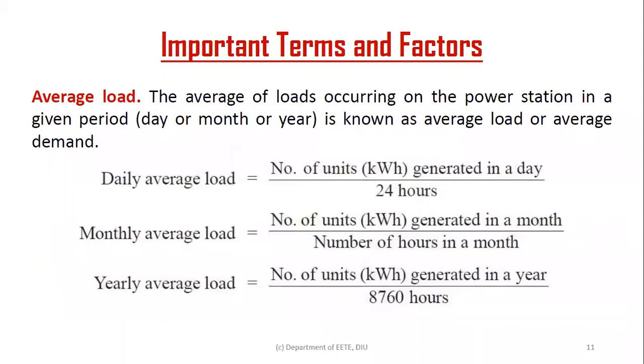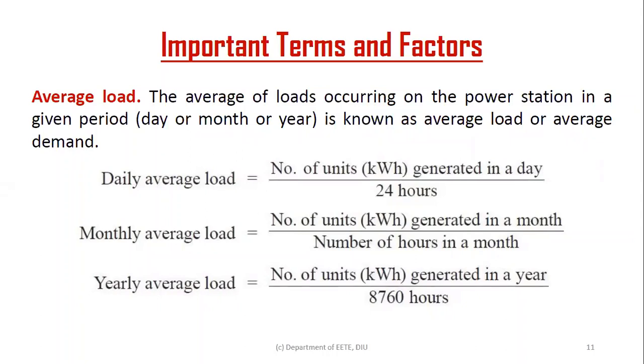If you sum all of that and divide it by the number of hours in a day, you get the daily average load. So the number of units generated in a day divided by 24 hours is the daily average load.